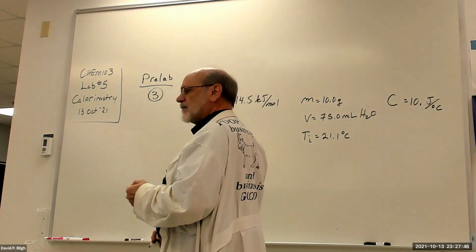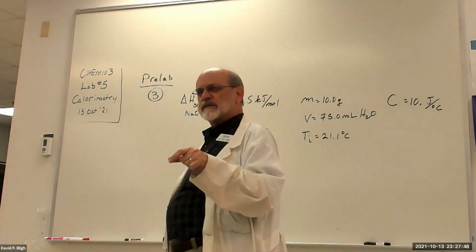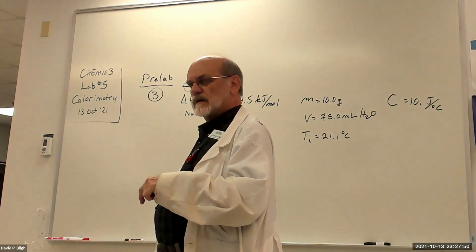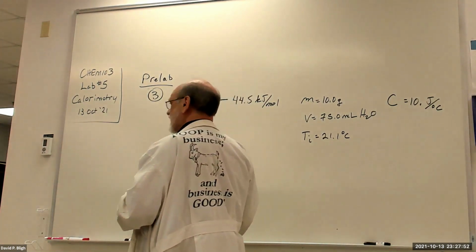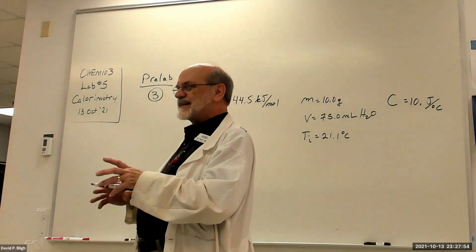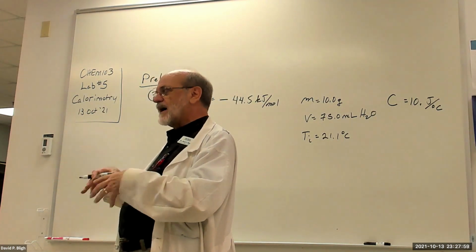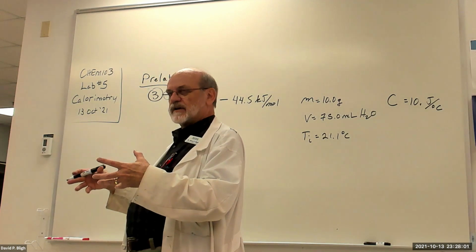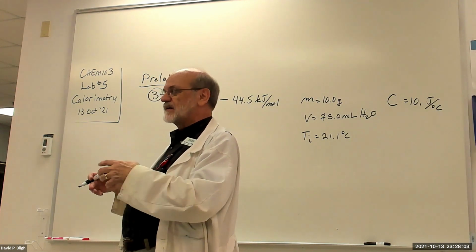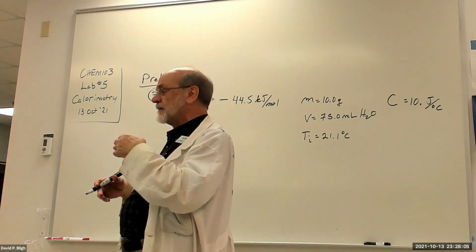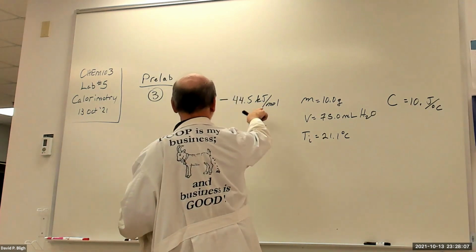The difference between heat capacity and specific heat capacity. I think we did. Heat capacity is an extensive property. In other words, if you have more substance, you'll have a higher heat capacity.